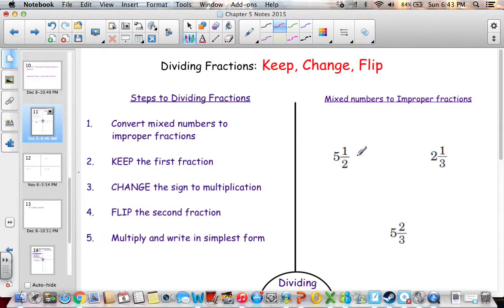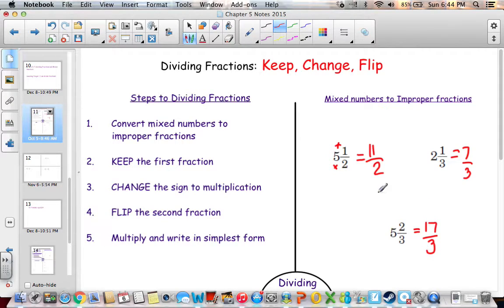So 5 1/2 is the same as 2 times 5 plus 1. So 10 plus 1, oops, that should be a plus, is 11 halves. 2 1/3, 3 times 2 is 6, plus 1 is 7, so 7 thirds. 5 2/3, 3 times 5 is 15, plus 2 is 17 thirds.